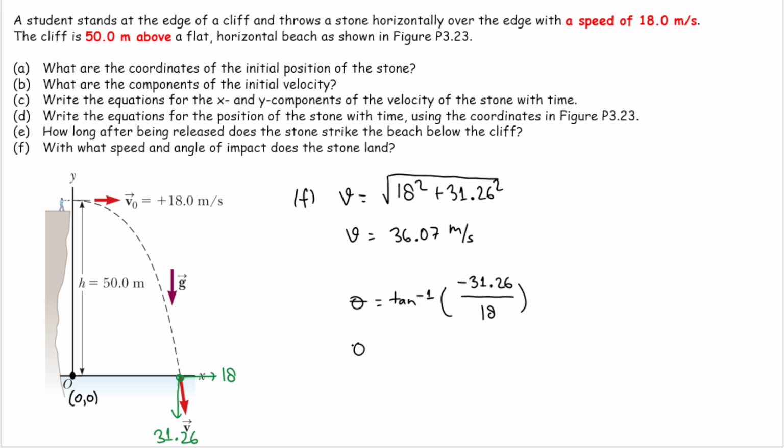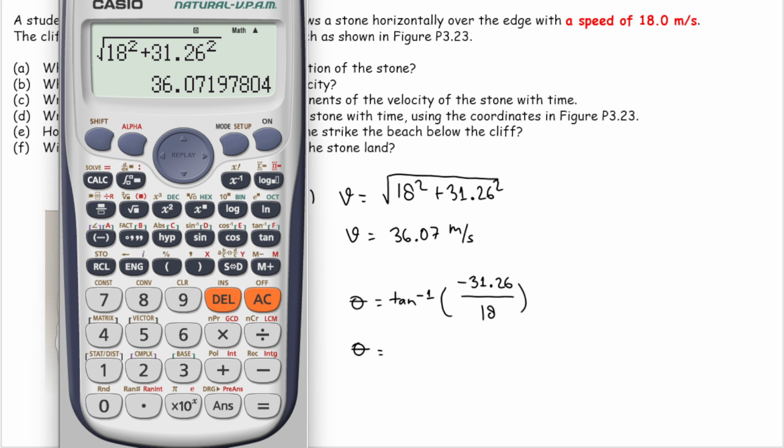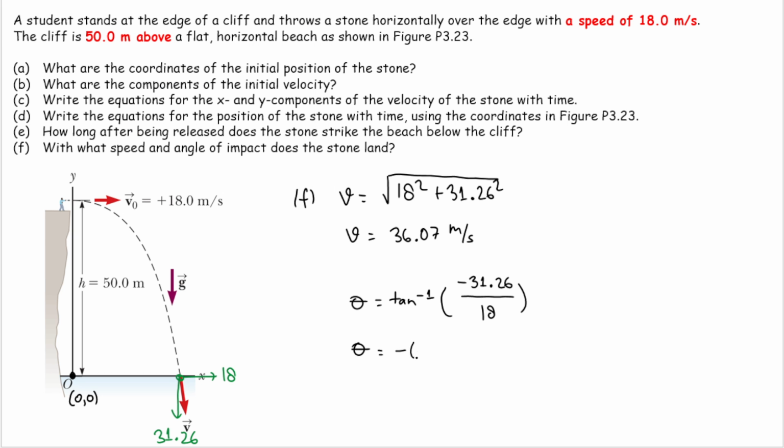And nothing that we can do except plug that into the calculator. So shift, inverse tangent of minus 31.26 divided by 18. And that will be minus 60 degrees. And that is the answer for question F.